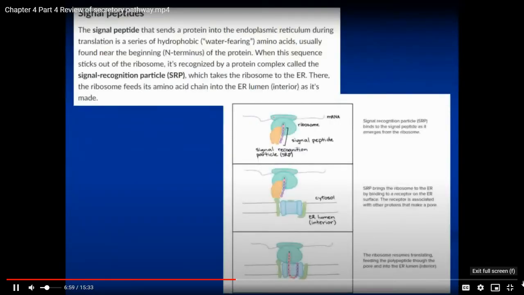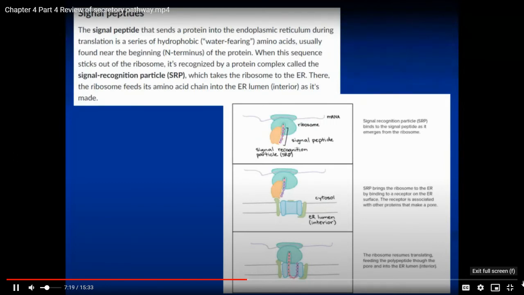So we start making this on a free ribosome. Remember that we're always starting translation on a free ribosome. Those first couple amino acids, which are your signal sequence, are going to be recognized by another protein called a signal recognition particle.